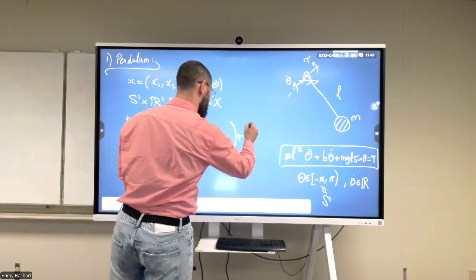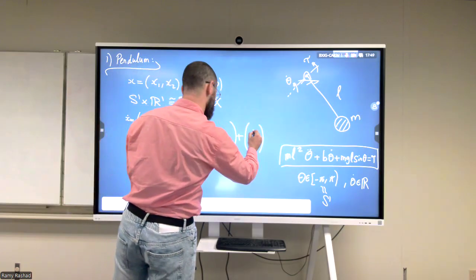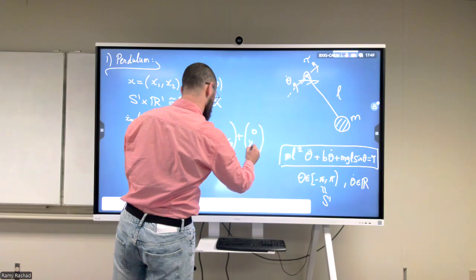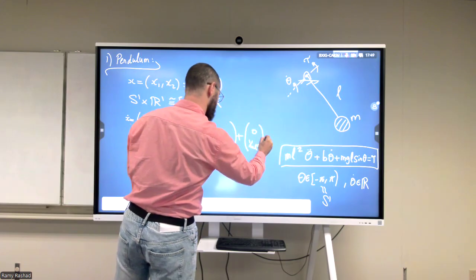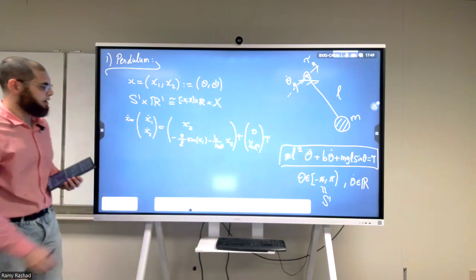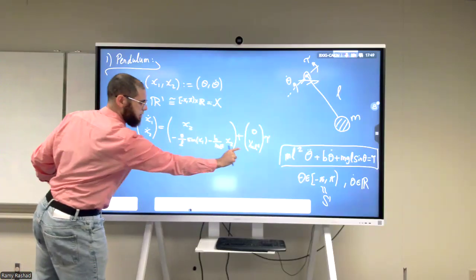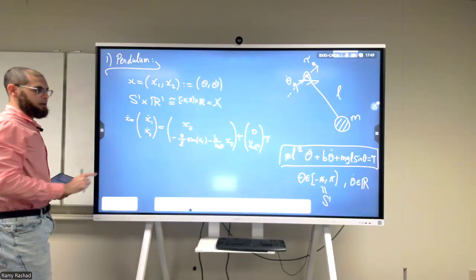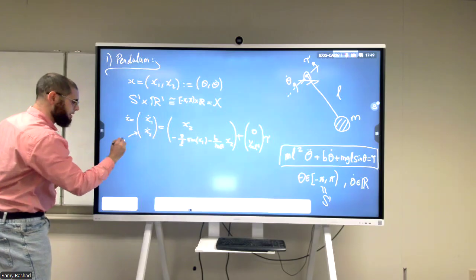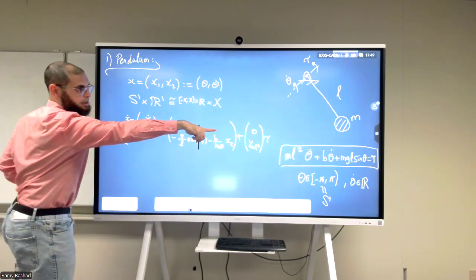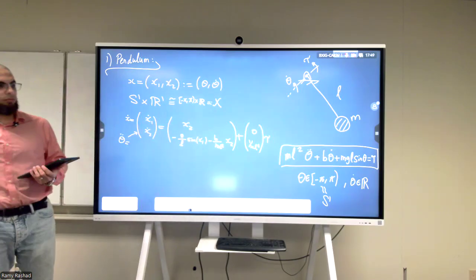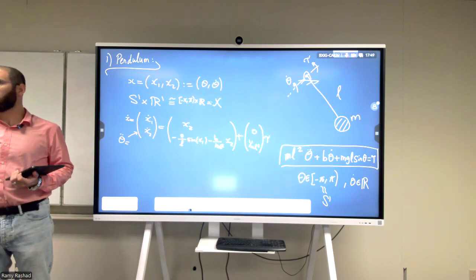And then I can have another term, 0 on the top, and 1 over ml squared multiplied by tau. Tell me if you agree that this second equation is nothing else than theta double dot equal to everything else there. So check it with your eyes.